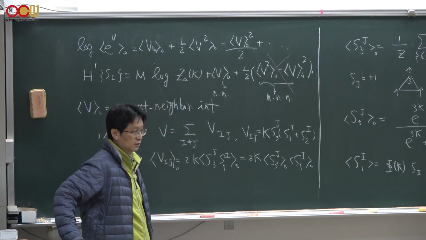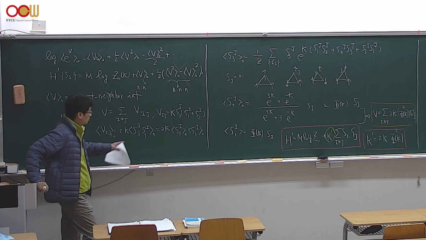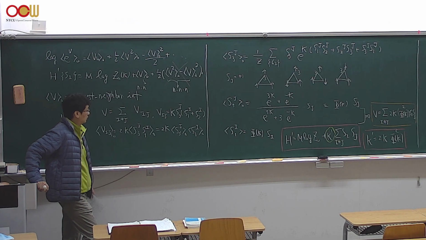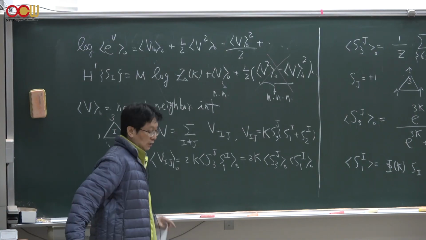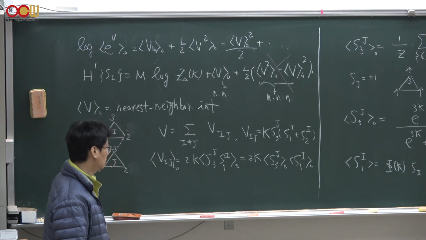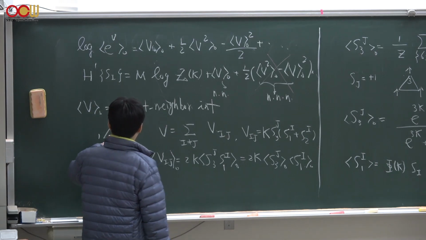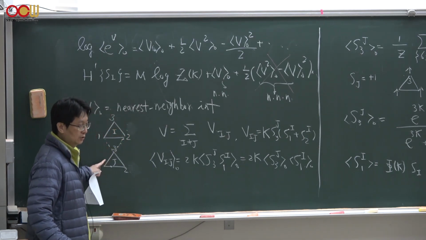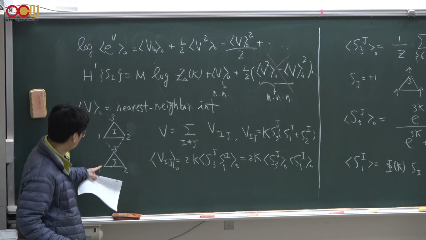That's the nearest neighbor block-block interaction, and we could get the recursive relation between K prime and K by calculating this V average. So how do we calculate it? Well, V0 is simply the nearest neighbor block-block interaction, which could be demonstrated using this cartoon picture here.